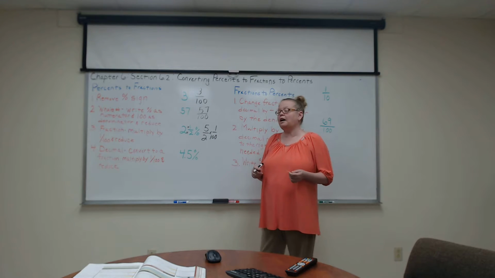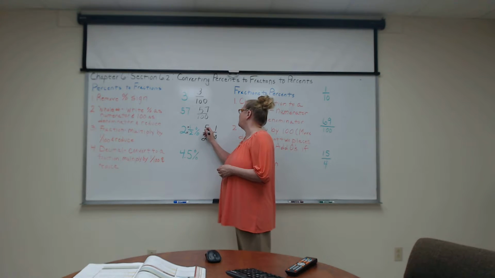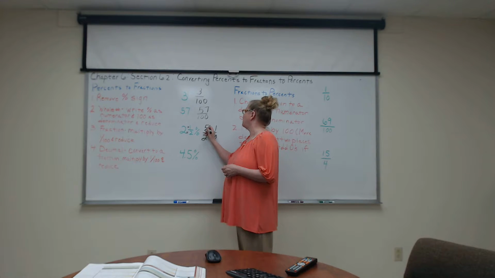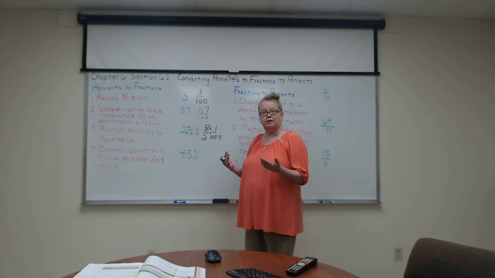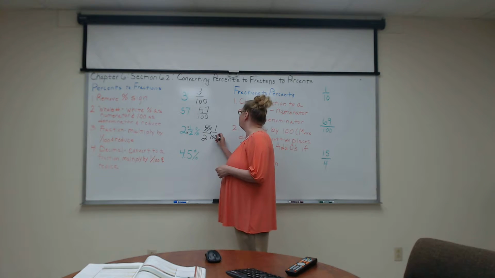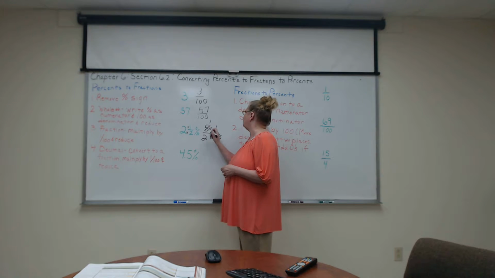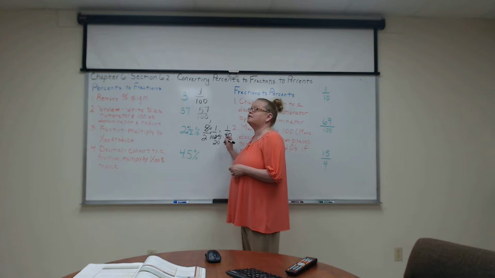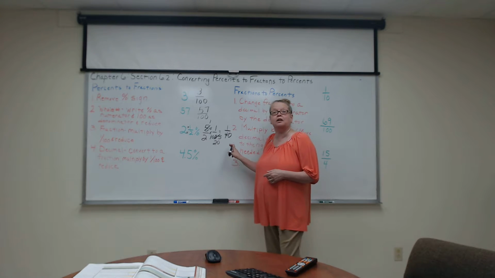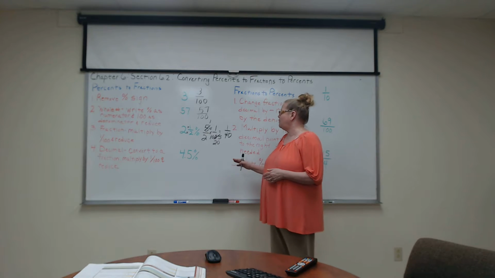We can cancel by dividing by 5 here and by 5 here, which is something we did when we were dealing with fractions. When we do that, we end up with 1 here and 20 here. When we multiply across, 2 times 20 is 40, so our answer ends up being 1/40.